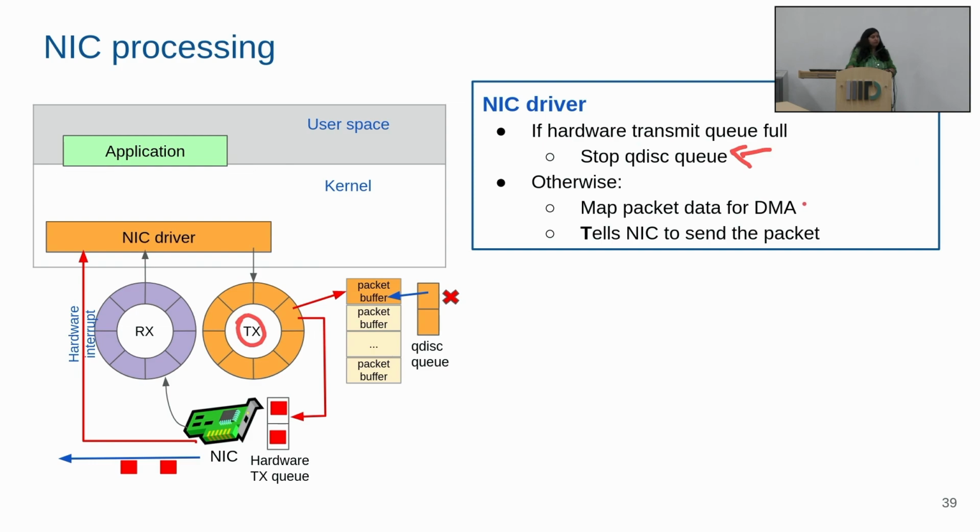Otherwise, the NIC driver has access to that memory, so its job is to map this packet data for DMA purposes. The DMA has to be told the starting address, the source address, the destination address, and the length. That information is passed on, which means an entry is made in this descriptor in the buffer. After this, tell the NIC to send the packet.